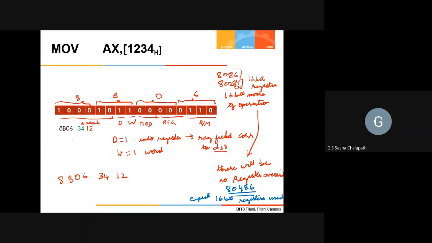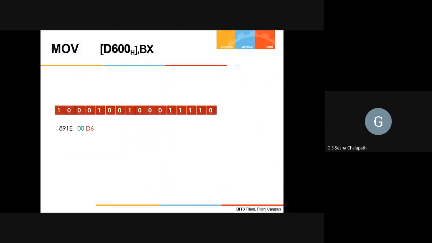Had this instruction been MOV EAX, 00001234H. Let us see if I have a similar example later. Okay, I have this particular example. Let us look at this particular thing.